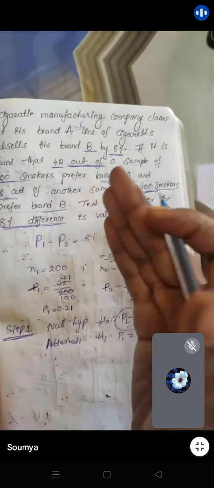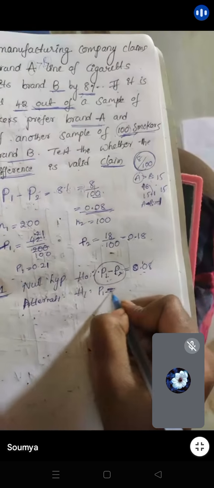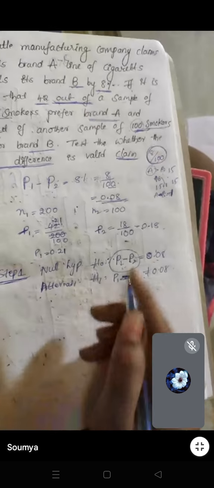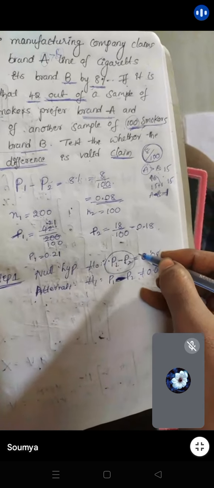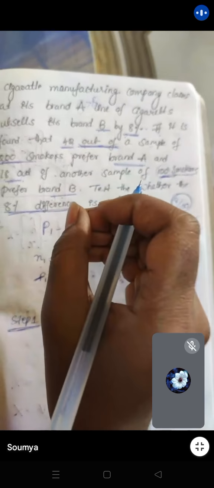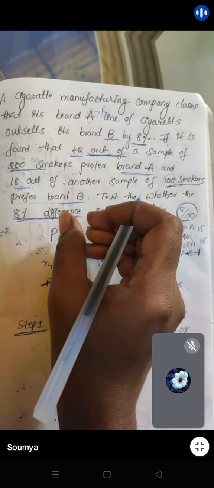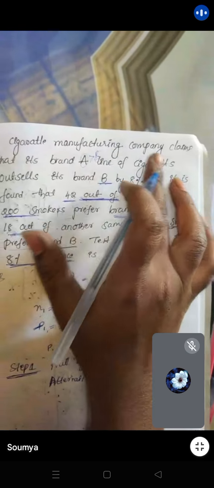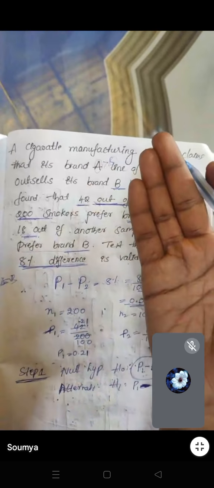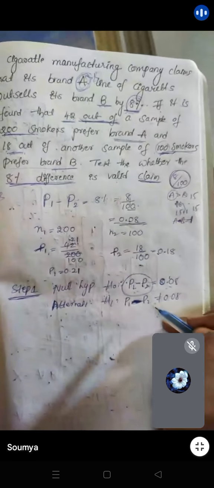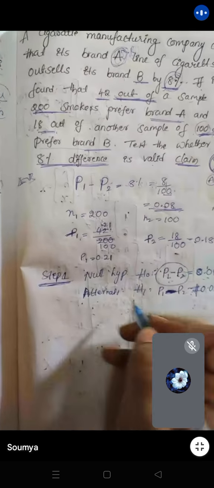If the difference is valid, then I am going for not valid, that is not equal to. For alternative, I am not going for less than or greater than, because the question mentions that the 8% difference is equal or not. That means it is not equal to; I am claiming that for the alternative.